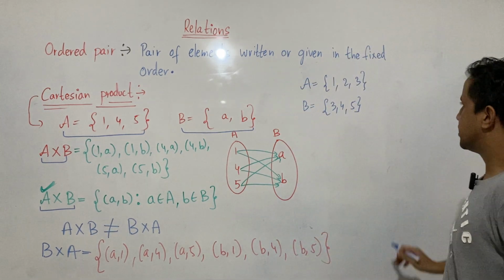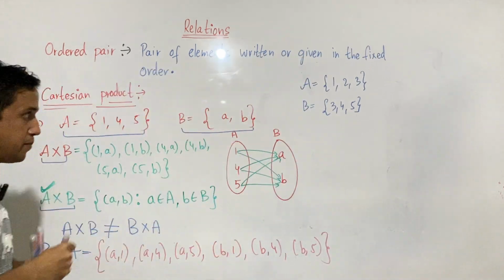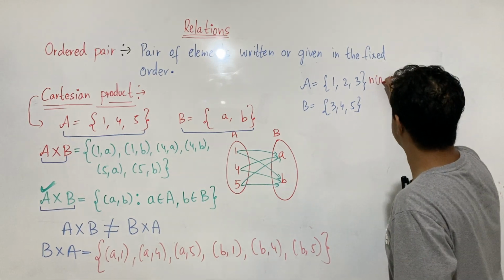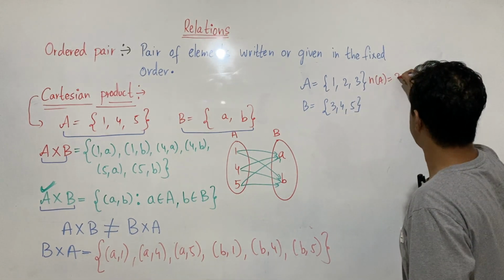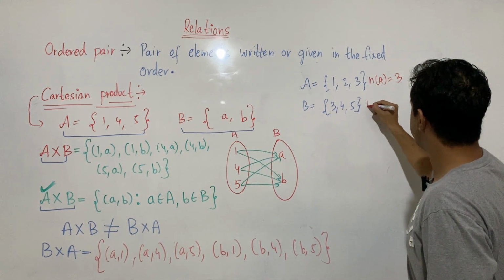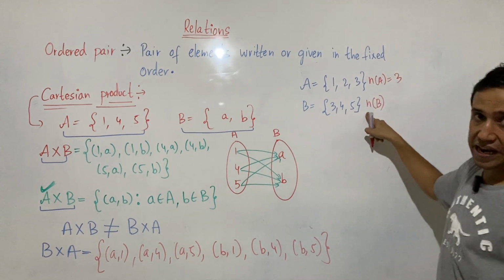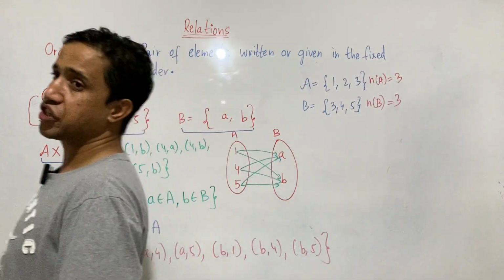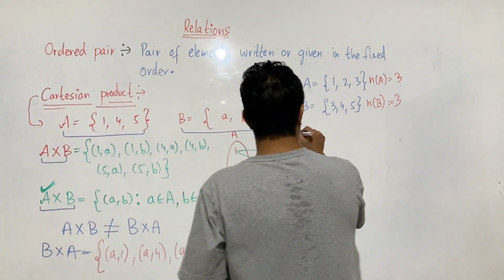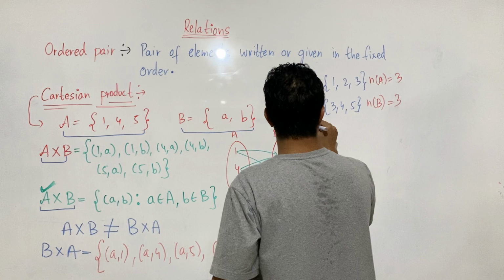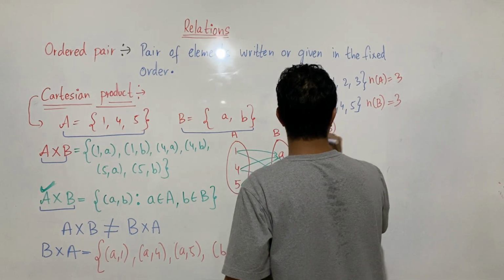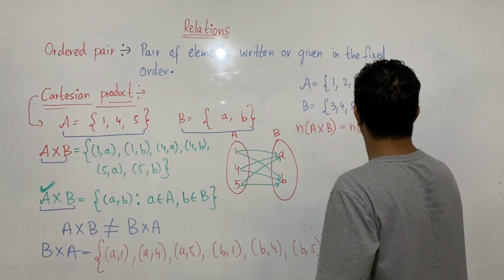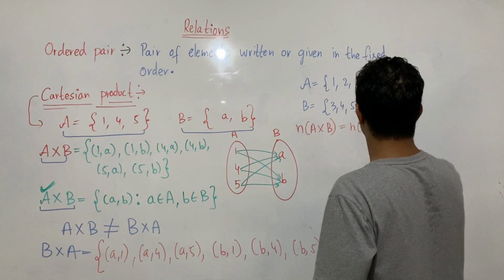The number of elements in set A is represented by n(A), which is 3. The number of elements in set B is represented by n(B), and how many elements do I have here? 3. So the number of elements in the Cartesian product A cross B is going to be n(A) multiplied by n(B), so it's going to be 9.